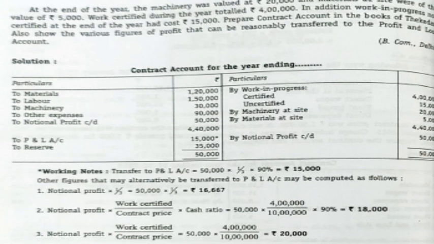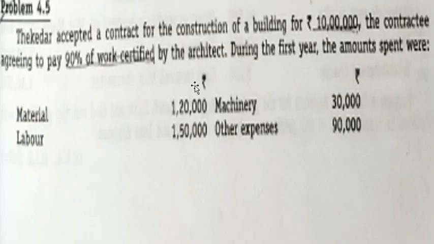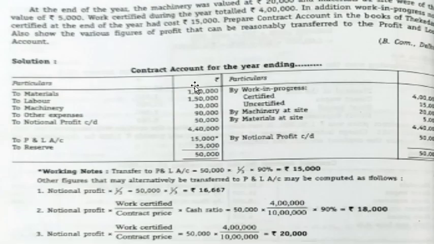From your notional profit, the formula for the percentage of work completed is work certified divided by contract price. Your work certified in the question is 4 lakh, and your contract price as per the question is 10 lakh. So 4 lakh work certified divided by contract price 10 lakh gives 0.4, into 100, which gives 40 percent.